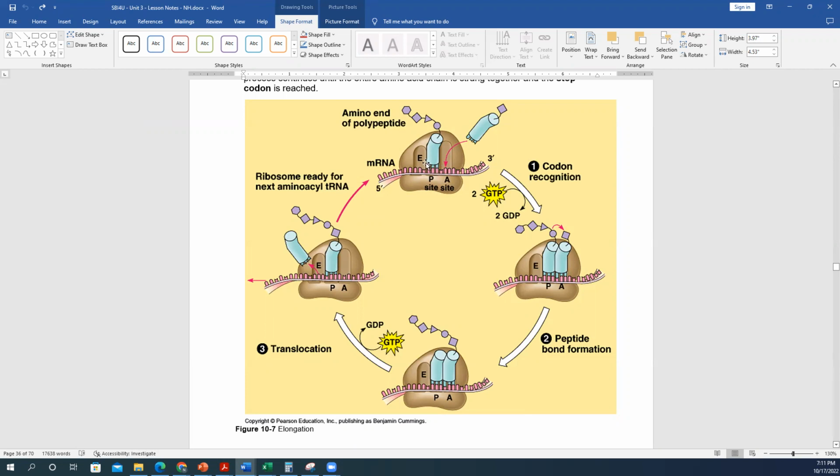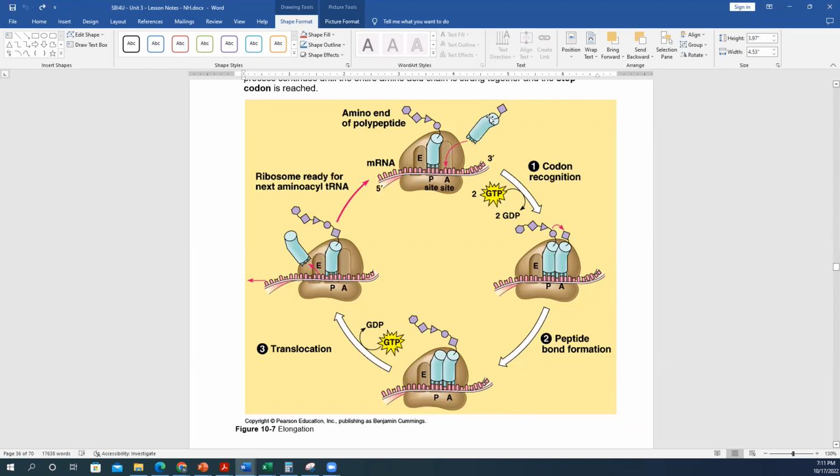As the ribosome moves on, the whole peptide chain is transferred to the next tRNA, and that peptide bond is formed. The tRNA dissociates, and the ribosome is ready to read the next amino acid and moves on.